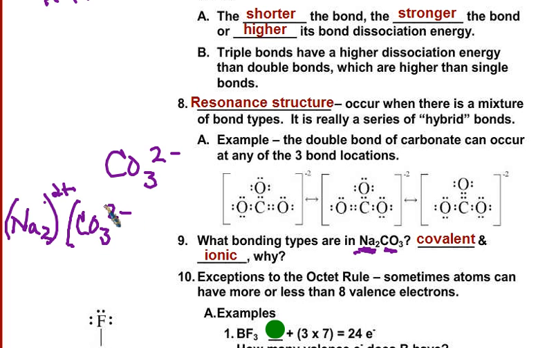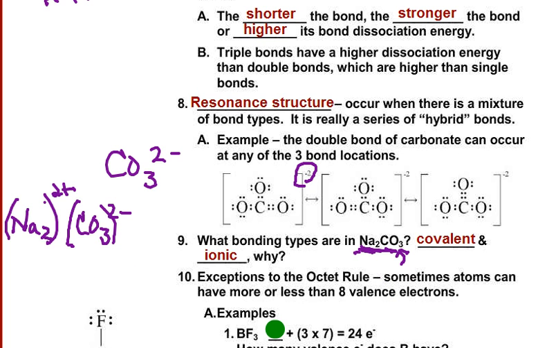CO3 2 minus is a polyatomic ion, and that's this thing right here. You're going to have two sodiums that are going to be attracted to the 2 minus on that charge. The 2 pluses are going to be attracted to the 2 minuses. That's what's going to make this a balanced compound, even though it has this covalently bonded polyatomic ion right there.